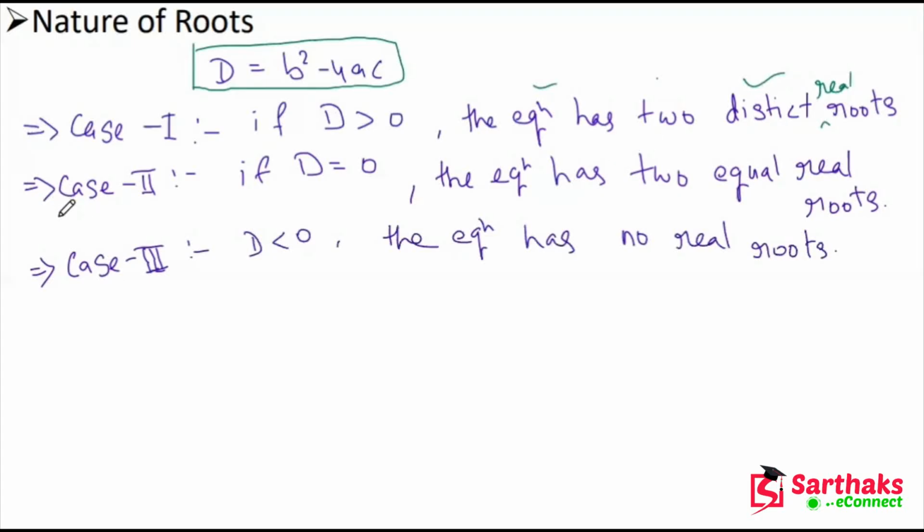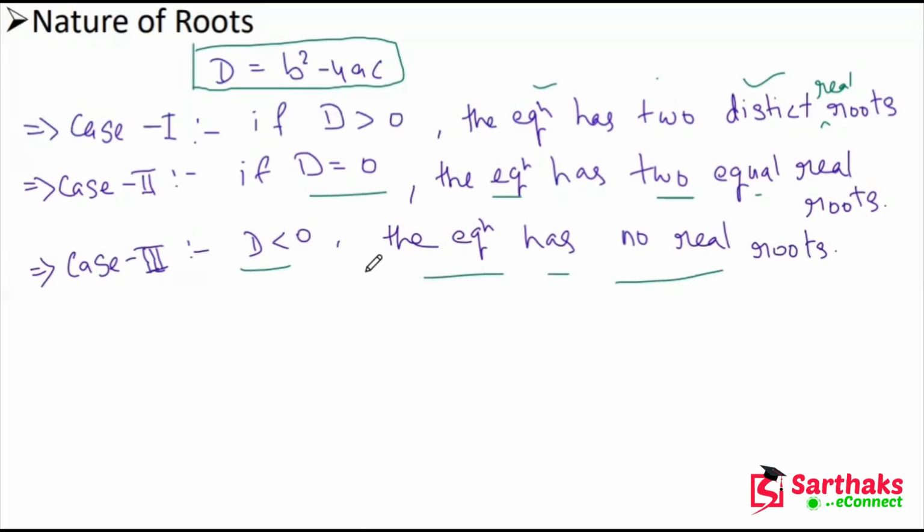If d is equal to 0, the equation has two equal real roots. If d is less than 0, the equation has no real roots. I hope you get this point.